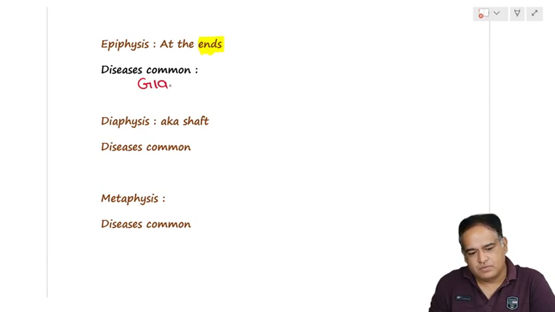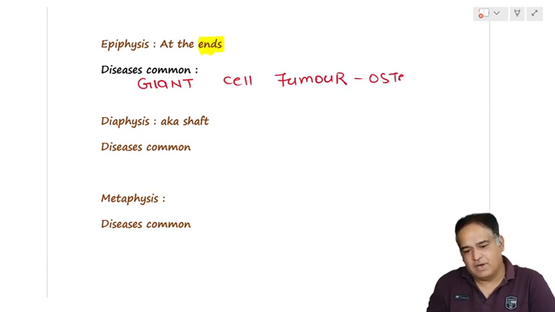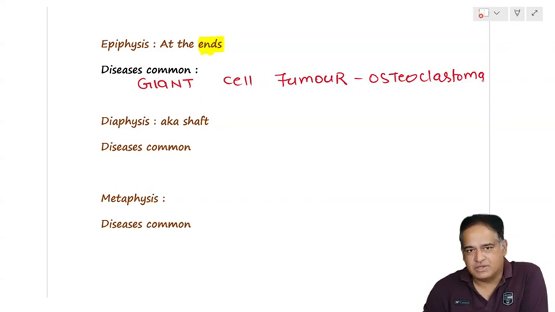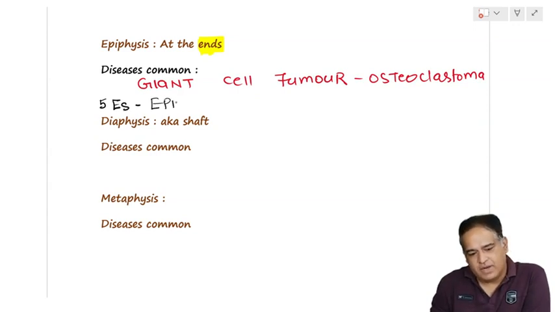So, giant cell tumor, which is called osteoclastoma, in middle-aged females. Fine. Remember, there are 5 E's about it. First, it is located at epiphysis.